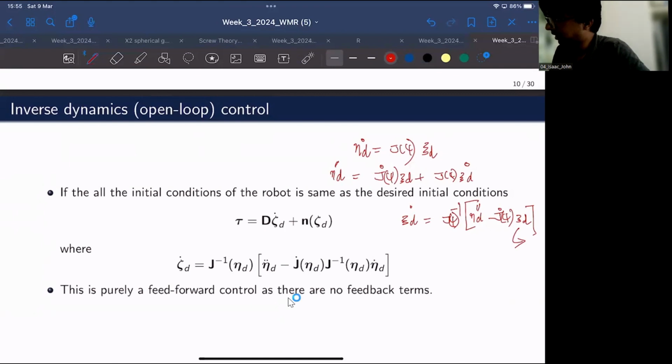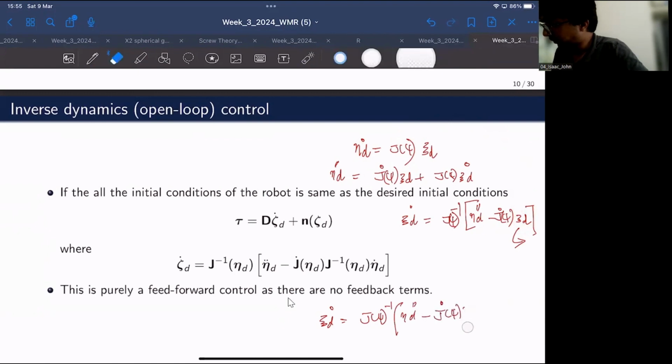And you have this zeta desired term again here. So we can substitute, instead of the zeta desired term here, we can substitute this term, because we prefer everything to be with respect to eta desired. So if you do that again, zeta desired dot would be j of psi inverse, eta desired double dot minus j dot of psi zeta.